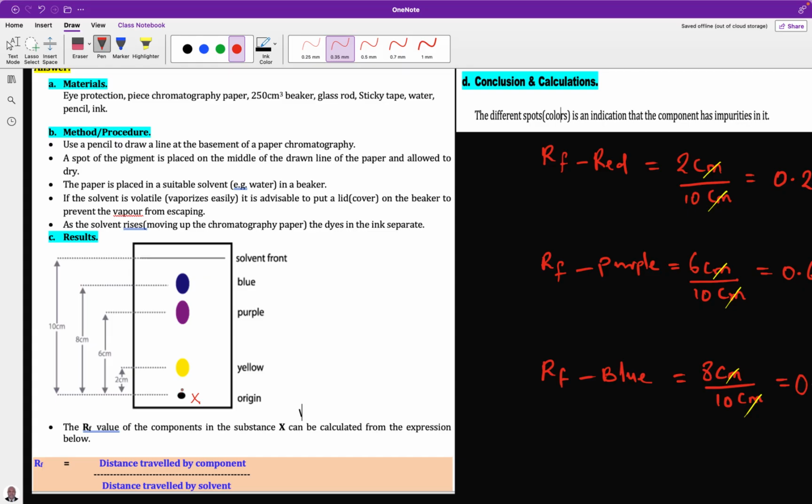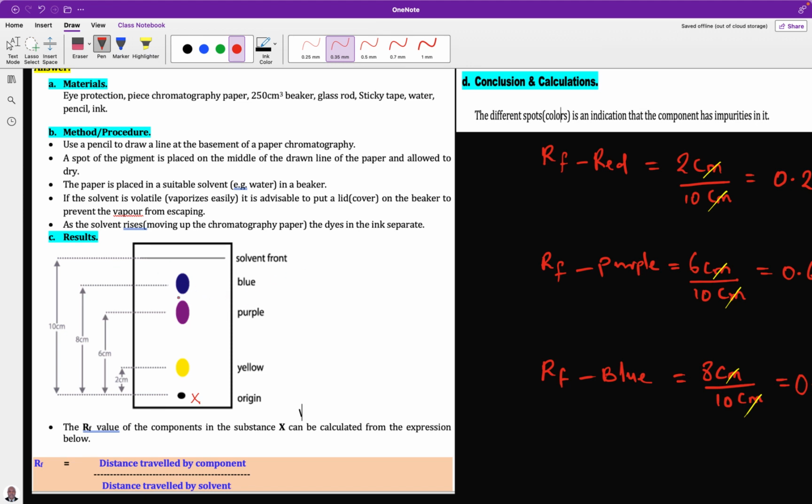The components there will do what? As they travel up the chromatography paper, they are being separated. The distance of each component is taken. The final distance, that is the solvent front, the distance traveled by the solvent, is also taken.